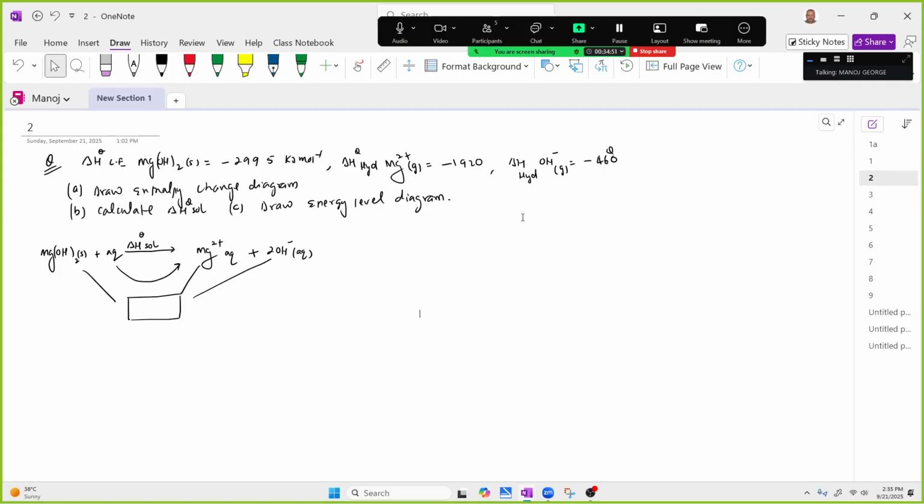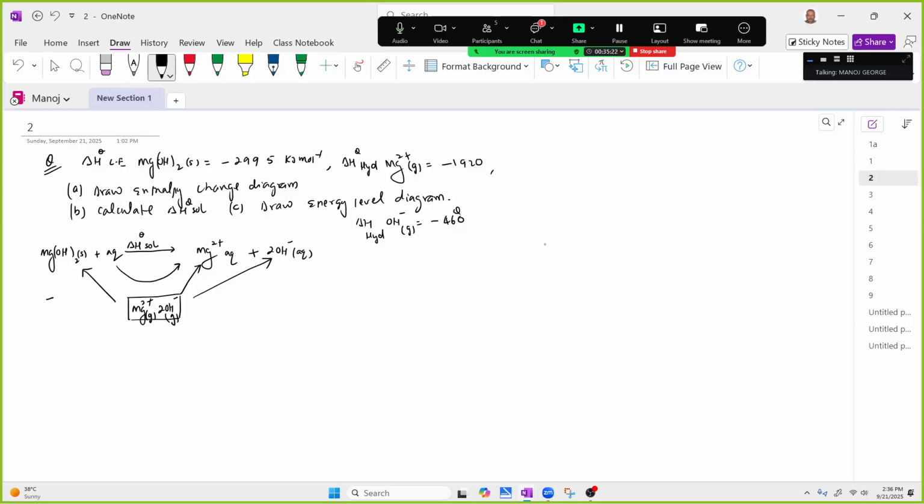Let me know when you're ready. So this arrow will go up, this will go up, this will go up. Mg2 plus gas will come. 2OH minus gas will come.